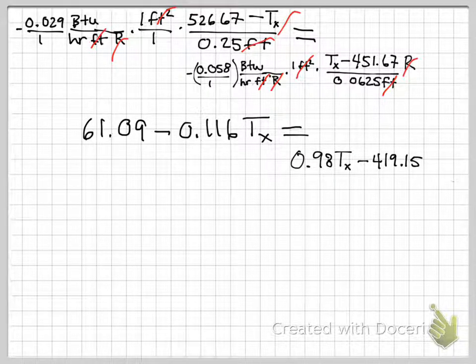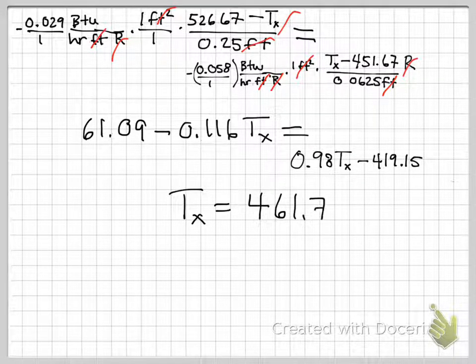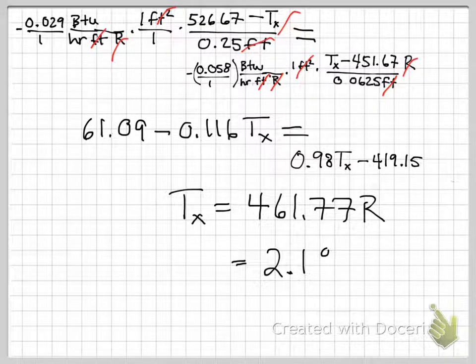And so when we solve for this, we find that T at the surface is 461.77 Rankine, or 2.1 degrees Fahrenheit. That number makes sense because it's in between the temperature inside the room of 67 degrees Fahrenheit and the temperature outside of the house at negative 8 degrees Fahrenheit.